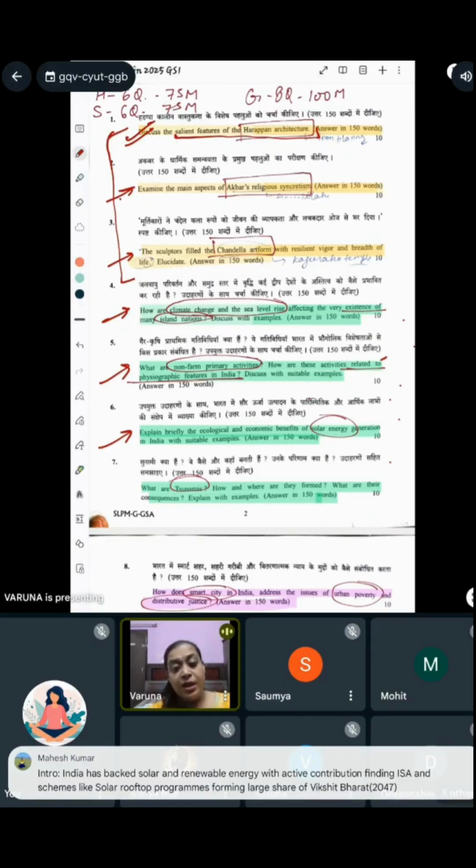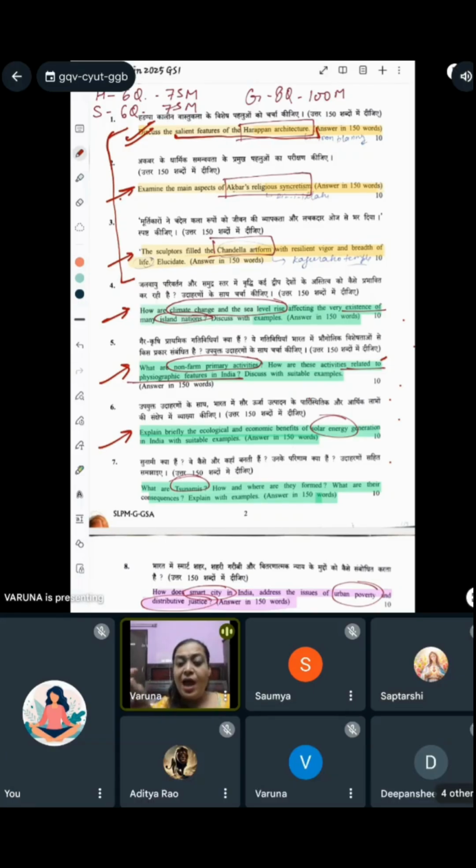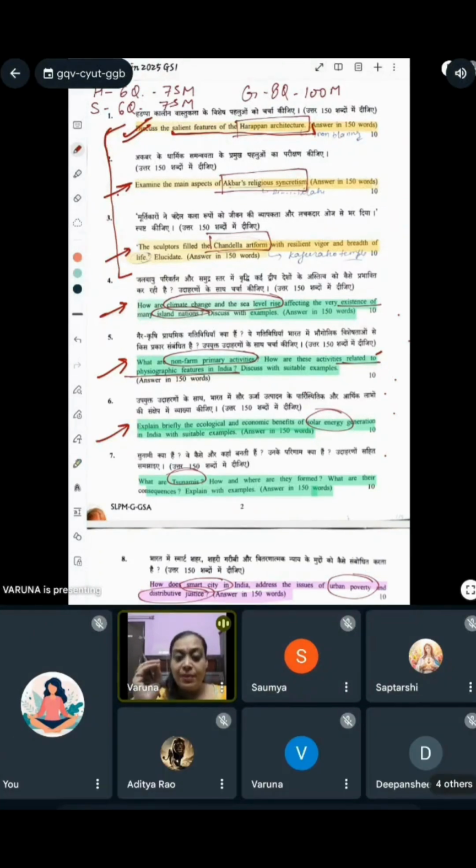So the major part is that we have to read and understand the Economic Survey and the budget well. Whatever major themes are there in the Economic Survey, we must not miss them. And we need to prepare a particular topic from a holistic perspective.